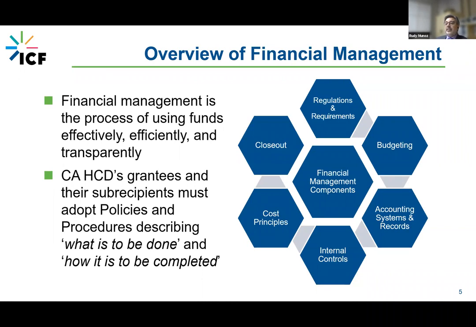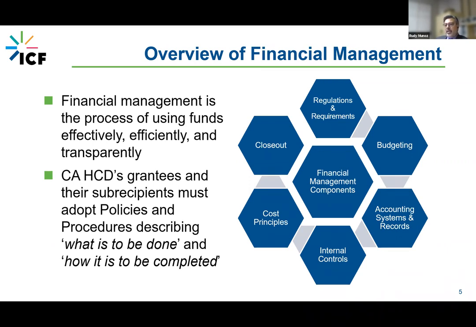So what is financial management? Financial management is a process of using funds effectively, efficiently, and transparently. These three things are accomplished in part by adopting policies and procedures, which are also known as written standards. These standards describe what is to be done, as well as how it is to be completed.